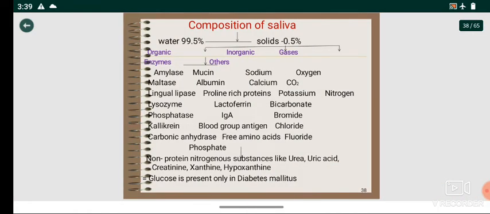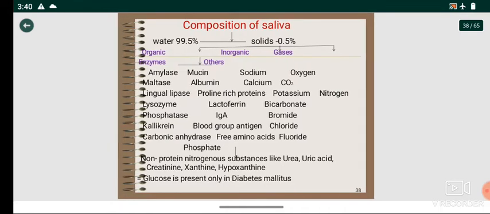Now the next is the composition of saliva. This is the composition that we have to discuss for all the digestive juices. The composition of saliva is 99.5% water and 0.5% solids. That is why it is hypotonic to plasma, because it contains 99.5% water.